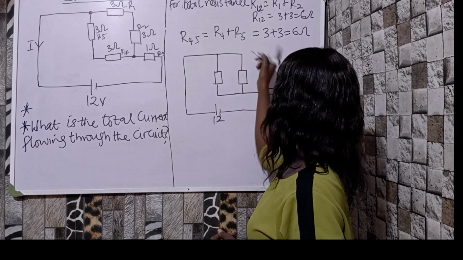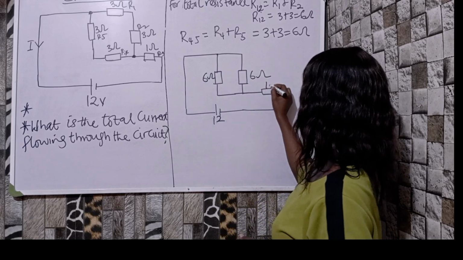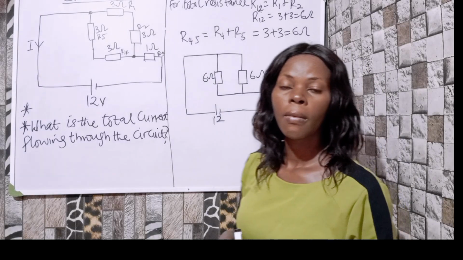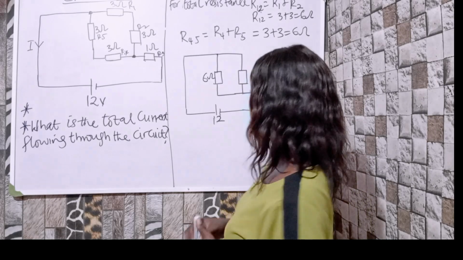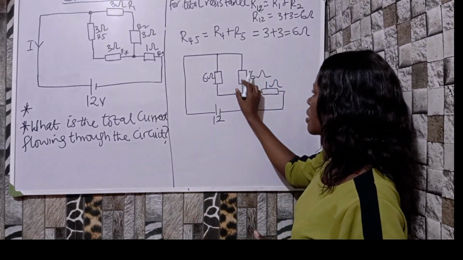Okay. So this becomes 6 ohm, 6 ohm, and 1 ohm. How do we get the effective resistance? This becomes parallel because they are now connected in parallel.